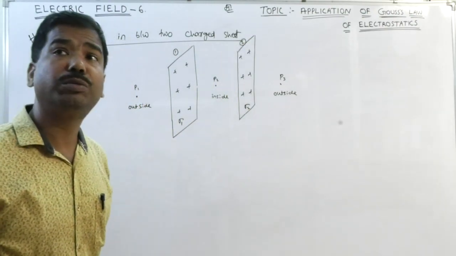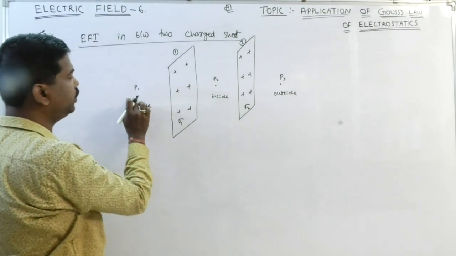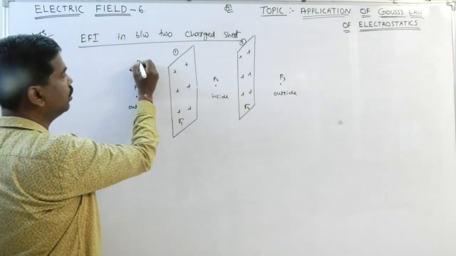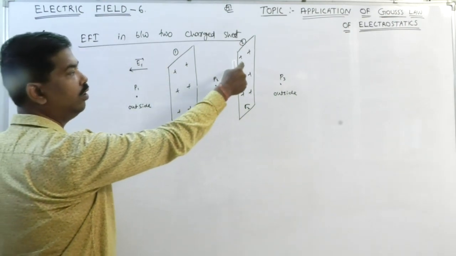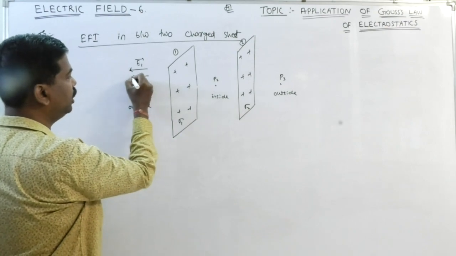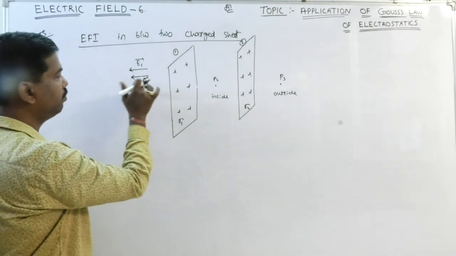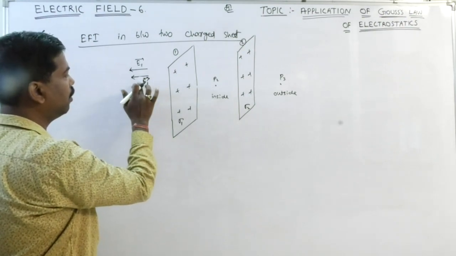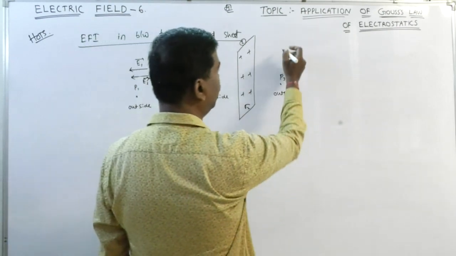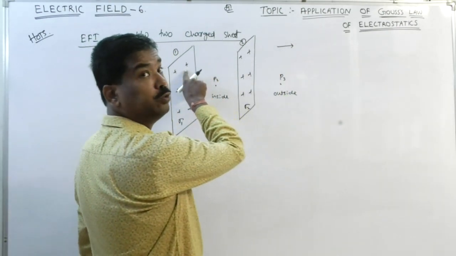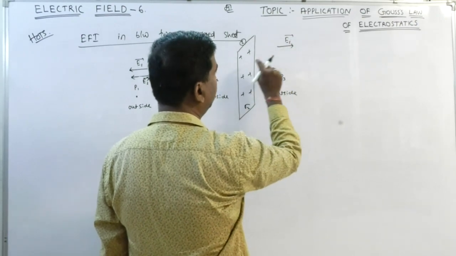So electric field always moves away from positive charge. If you consider this position, here the electric field is E1 vector, away from positive. For this plate, E2 is also away from positive.